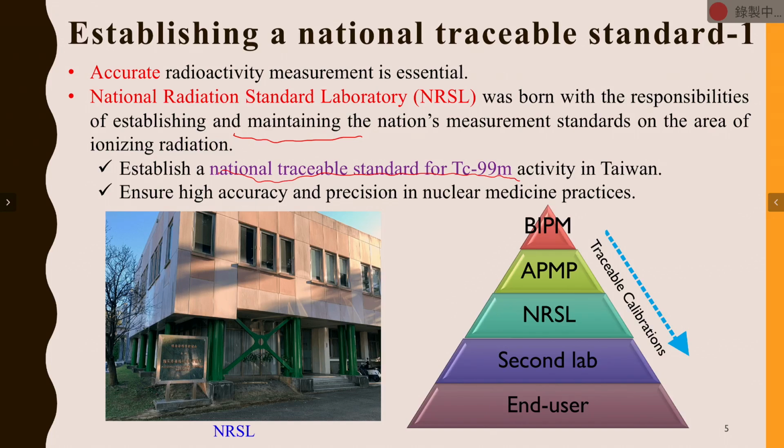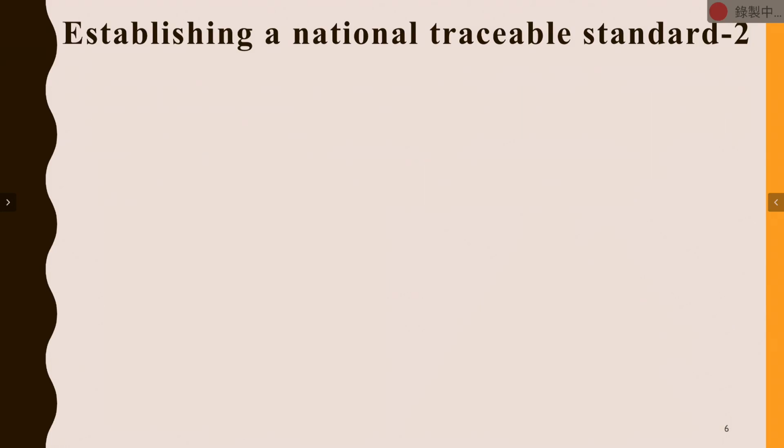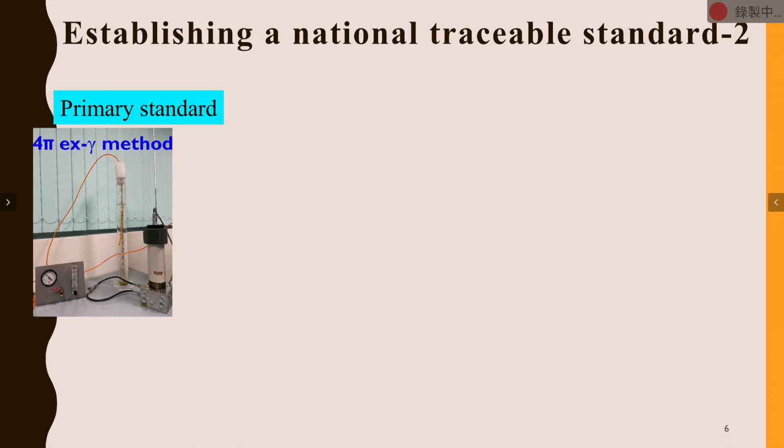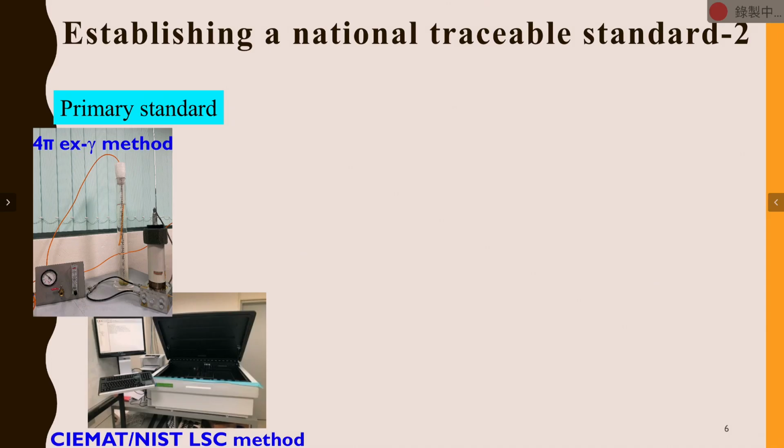Next, I would like to briefly introduce how the primary standard for Tc-99m measurement was established in Taiwan. Our laboratory developed a primary standard using the 4-pi X-gamma coincidence method. To confirm its reliability and consistency, we use an LSC method to validate.